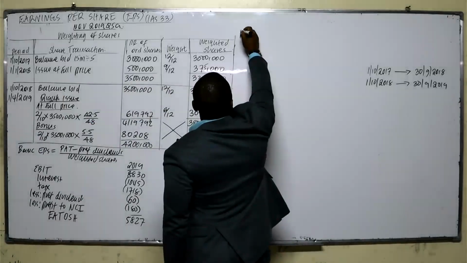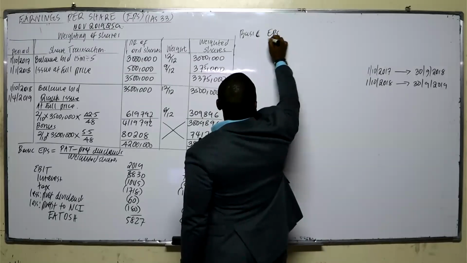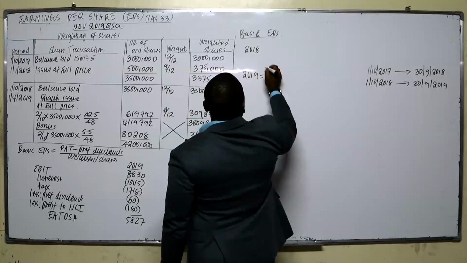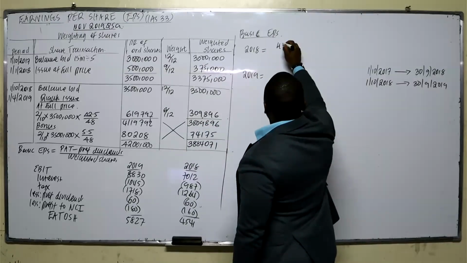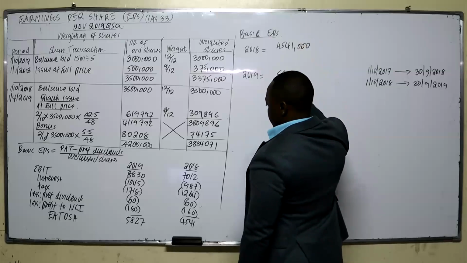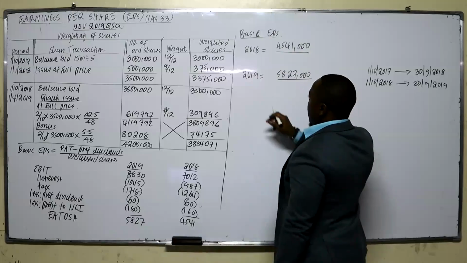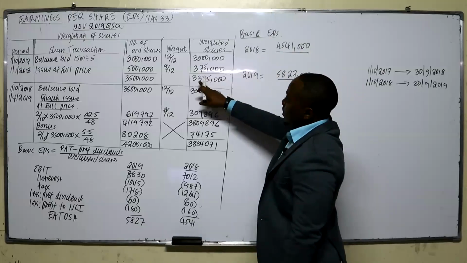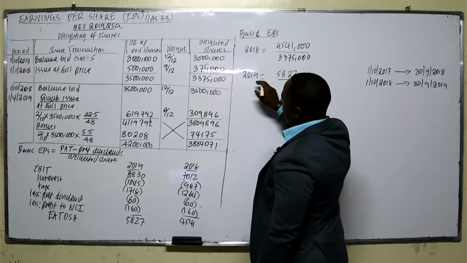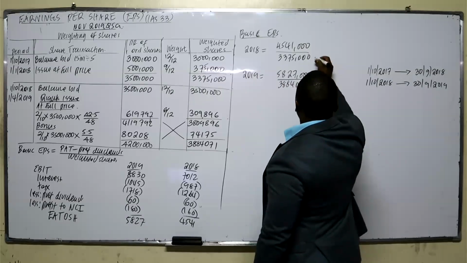So therefore the basic EPS, 2018, 2019. 2018 is 45.41. 2019, 58.27. Then you divide by the weighted shares. 2018, the number of weighted shares was 33.75, and 2019 we had 8.84071.